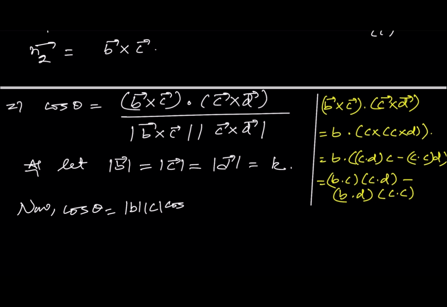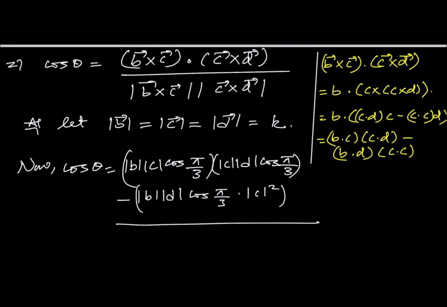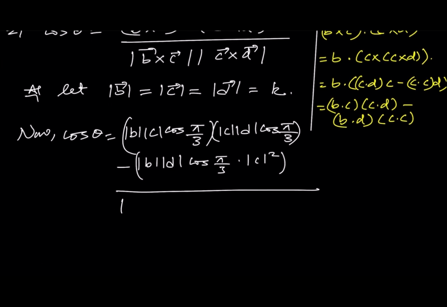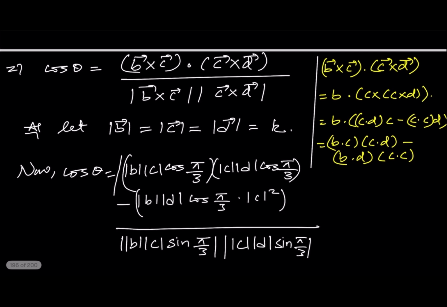So cos pi by 3 minus into mod c mod d cos pi by 3 minus mod b mod d cos pi by 3 into mod c square, right, upon this is mod b cross c, which is mod b mod c sine pi by 3 and mod c mod d sine pi by 3, and we are finding acute angle, so we are taking mod, right?